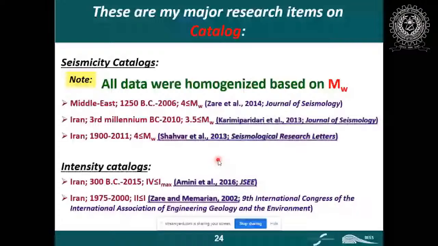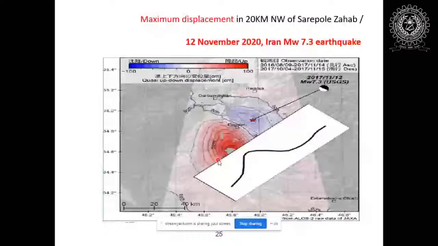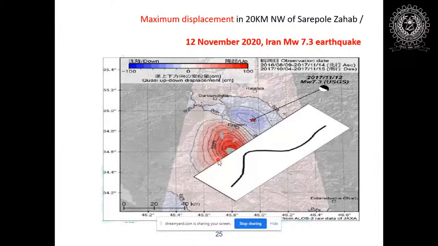And if we focus on the 12 November 2017 earthquake, this is 2017, as I mistyped 2020, with a magnitude of 7.3, there has been the maximum displacement in the Sarpol-Zahab region because of this earthquake.